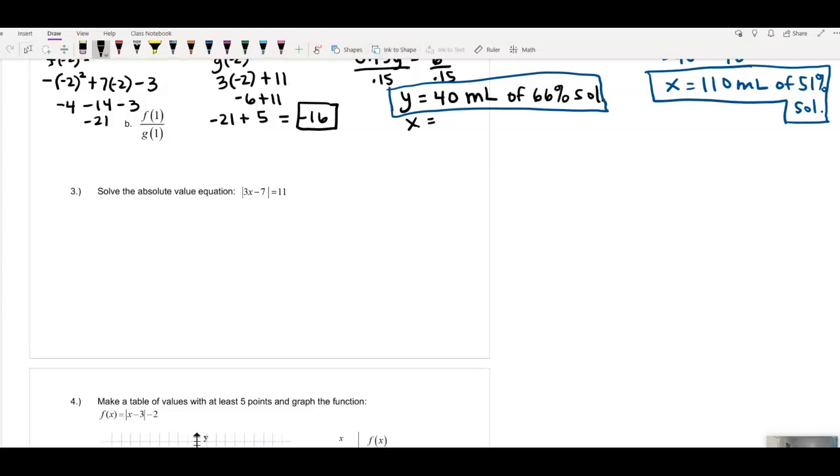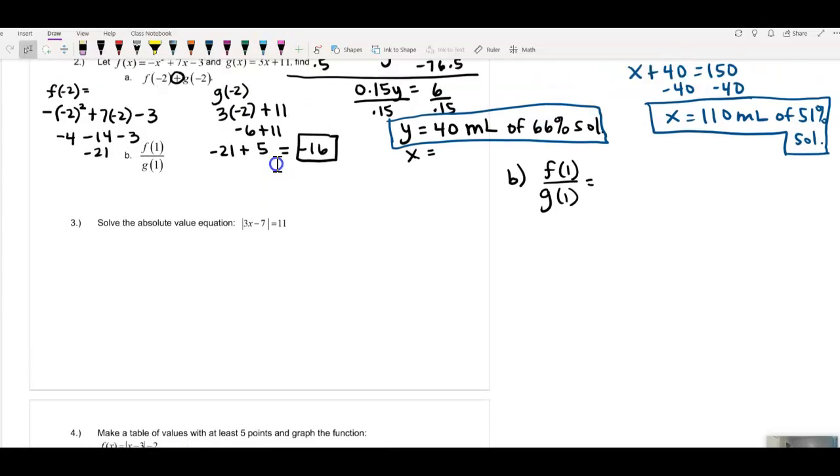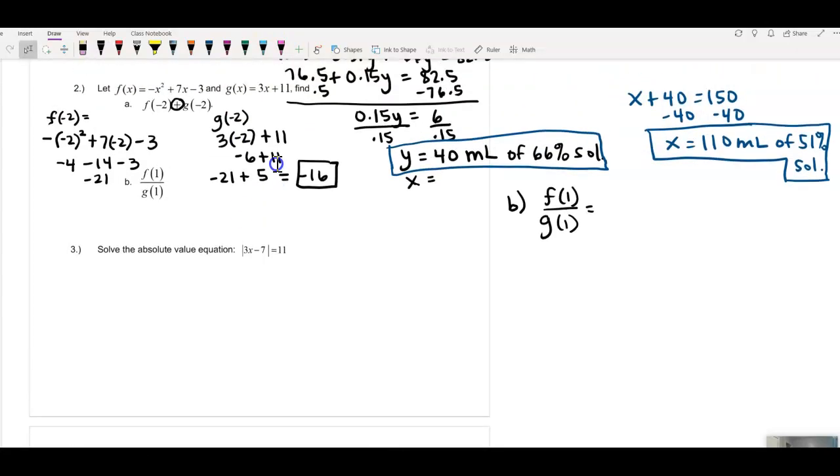So the part B was f of 1 over g of 1, right? So this time we're putting 1 into our functions instead. And so we'll have negative 1 squared, right? Make sure you remember that negative's on the outside because that's going to change what you get for your answer there.